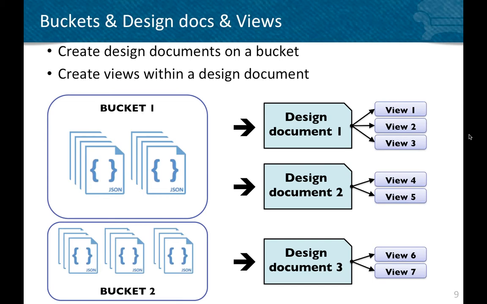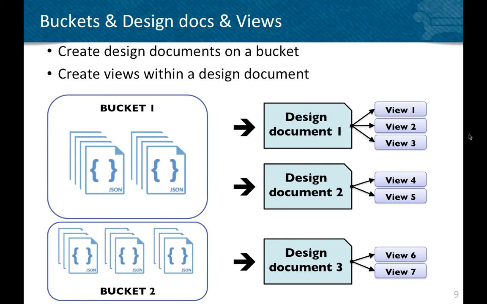Now, you've got to be pragmatic and find a middle ground, because you also wouldn't want to have a design document with 100 views in it. Typically the advice I give about how to split up the views between design documents is around who owns the writing, the logic of that view.